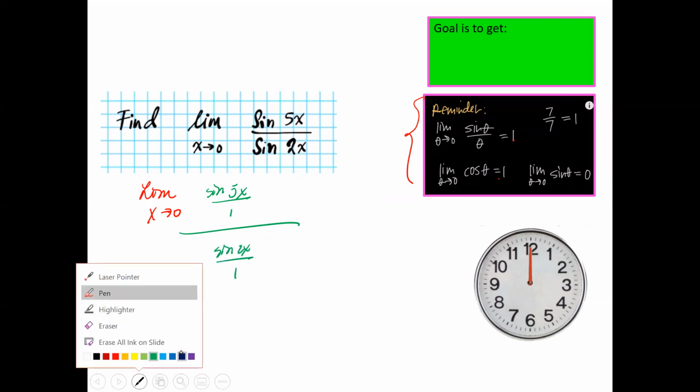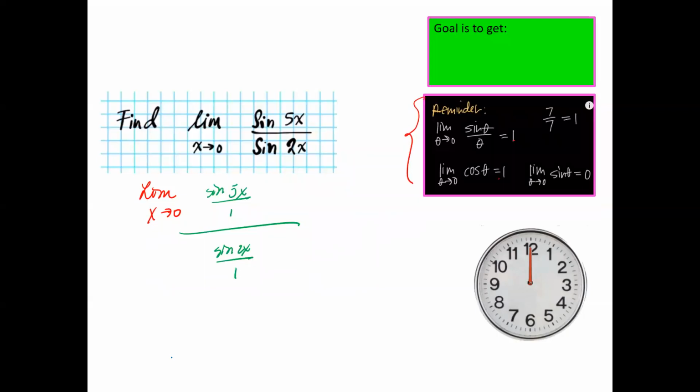So if you focus on the numerator, you're asking yourself, what else do I need to get to a sine theta over theta? Well, I will have to multiply the denominator by a 5x. So balancing it, I will multiply the top by a 5x. For the denominator one, what would I need to get to a sine 2x over 2x? I will need a 2x top and bottom.